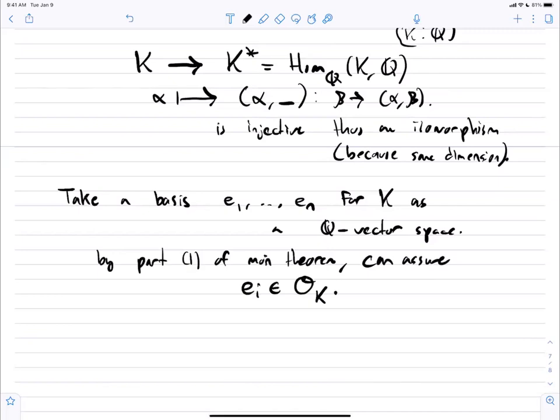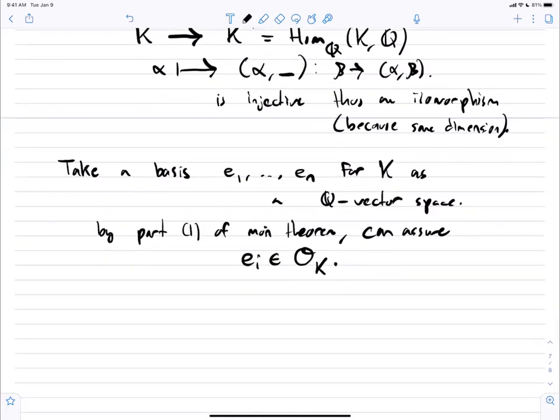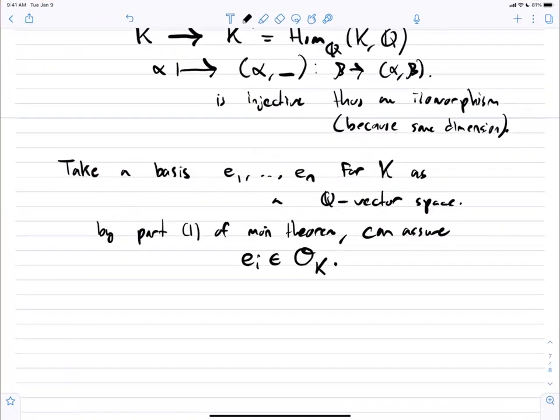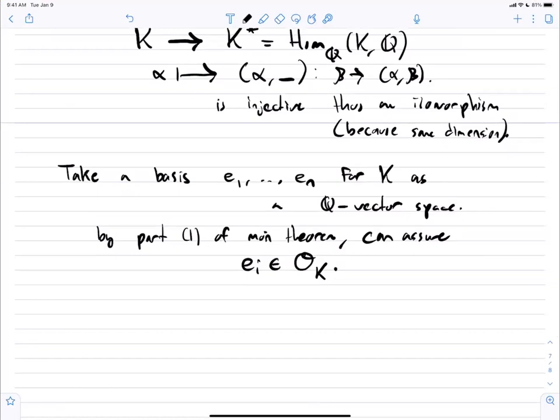Okay, so good. Now I'm going to look at the subring, or sorry, just the submodule.